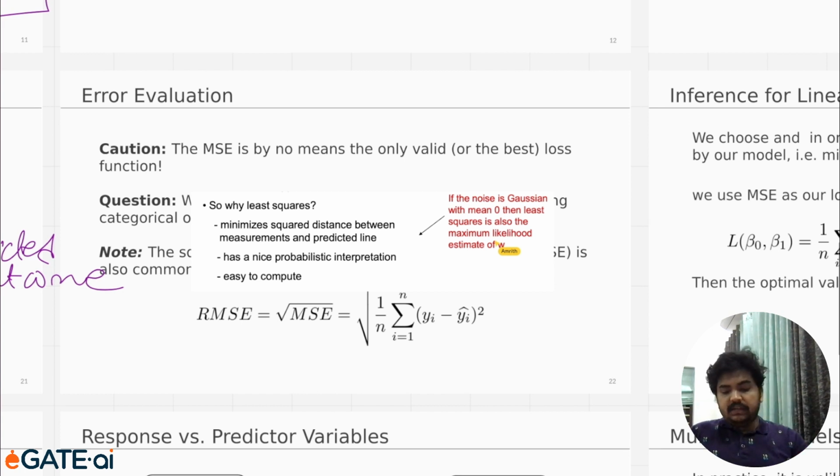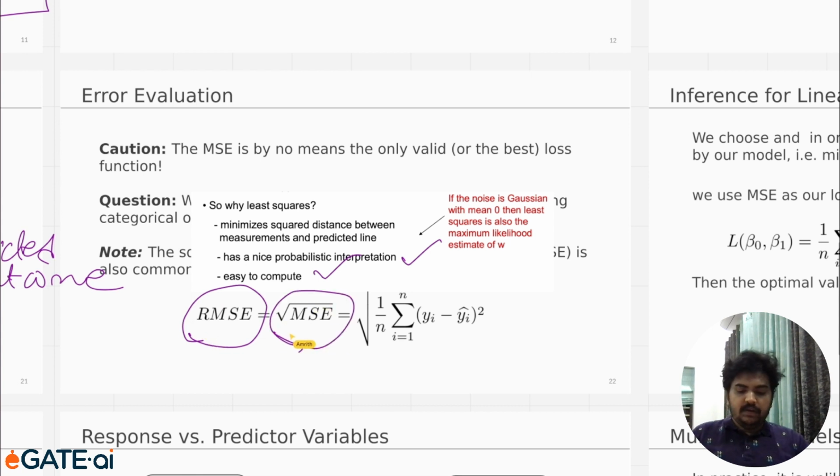One thing is that it has a nice probabilistic interpretation, which makes it easy to compute. Many times we use what we call the root mean squared error, which is nothing but the square root of the expression we have discussed previously. So it's like the root of the residual summed and averaged.